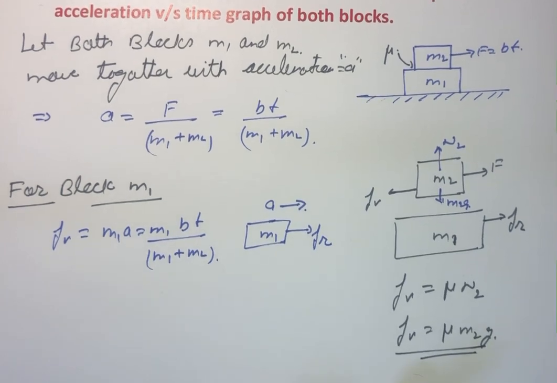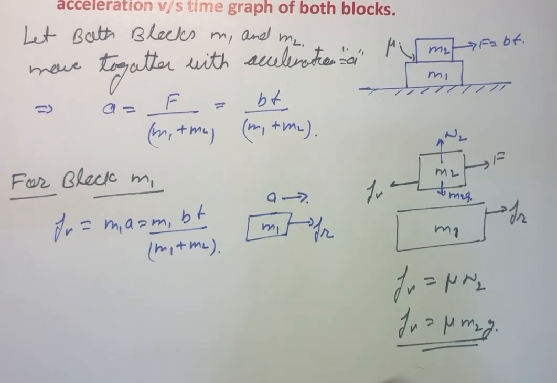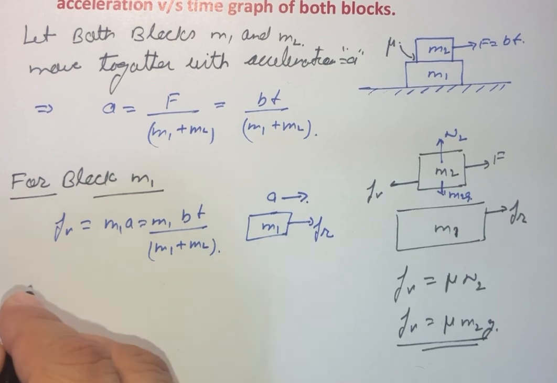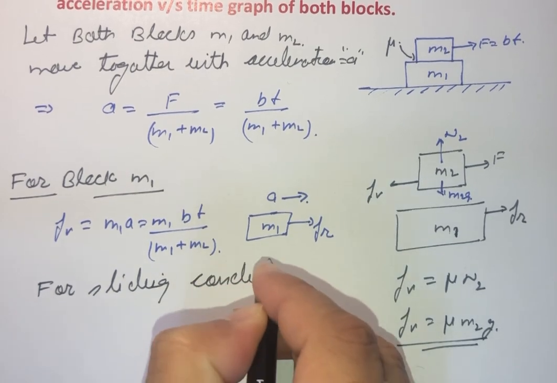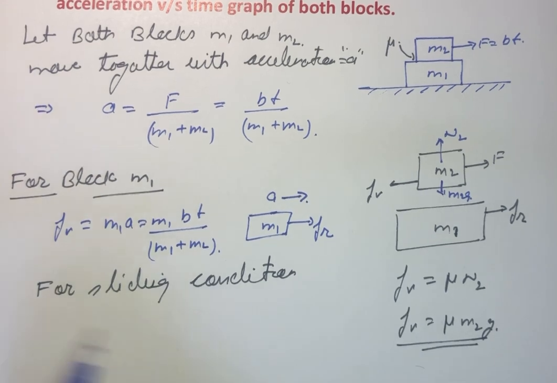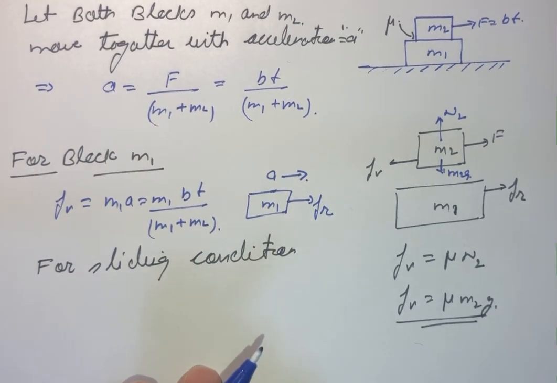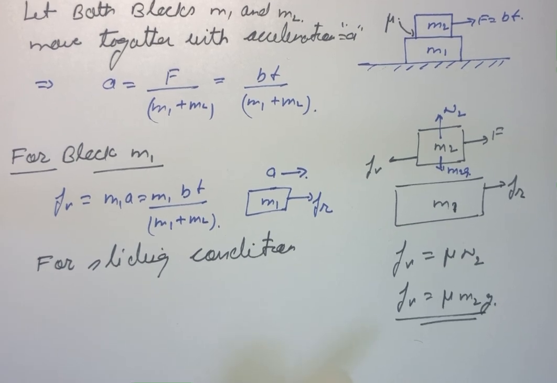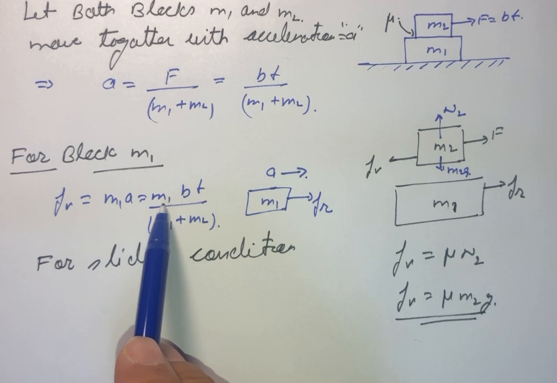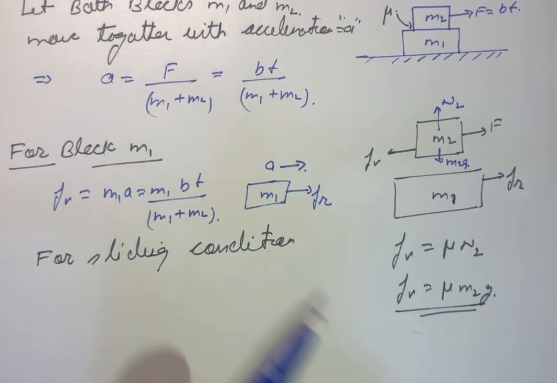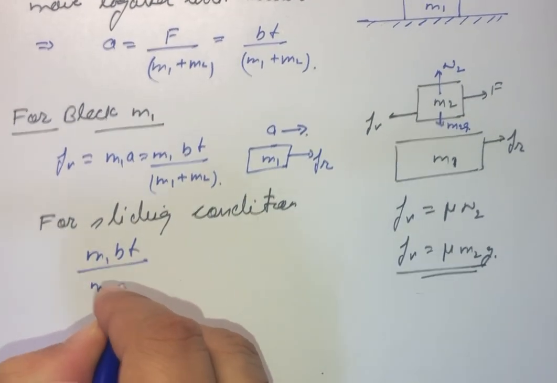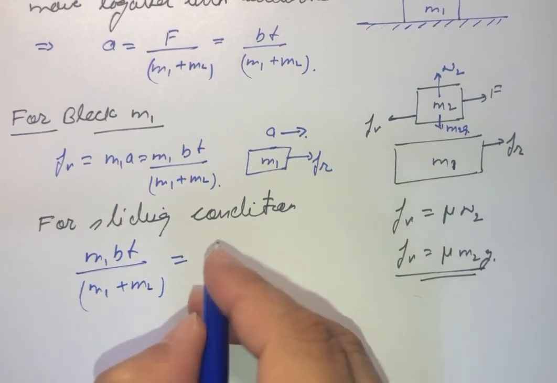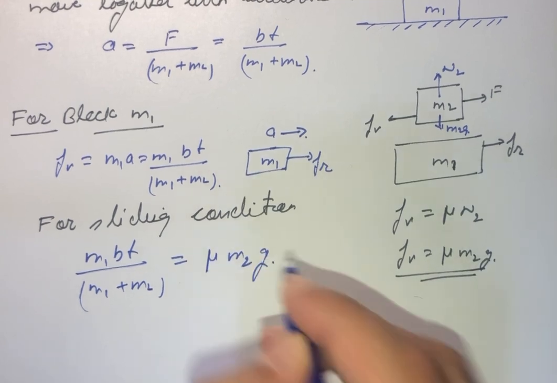Now we can find out the sliding condition. For the sliding condition, our Fr, which is given as m1bt divided by m1 plus m2, will be equal to mu m2g.